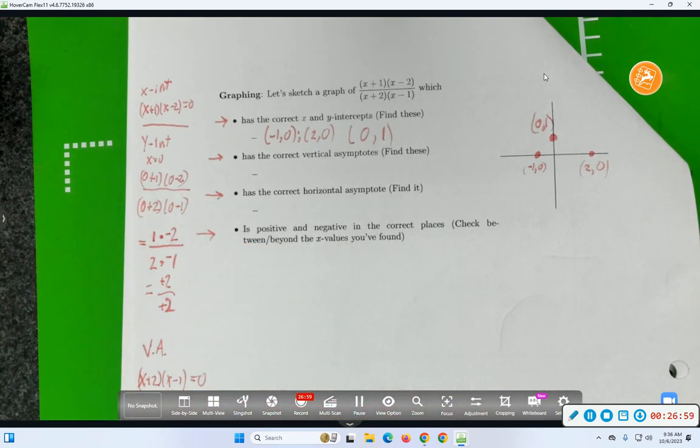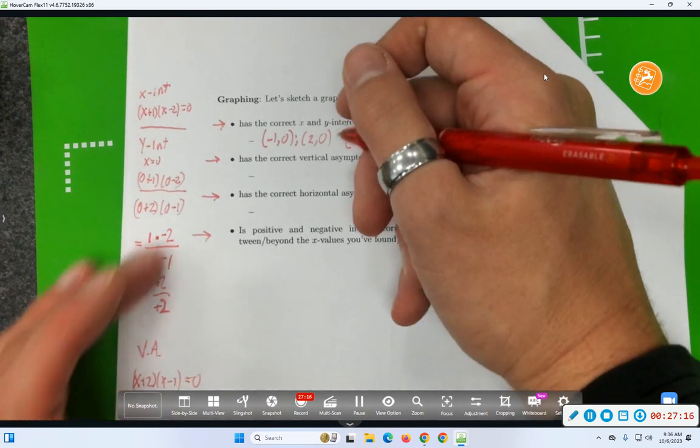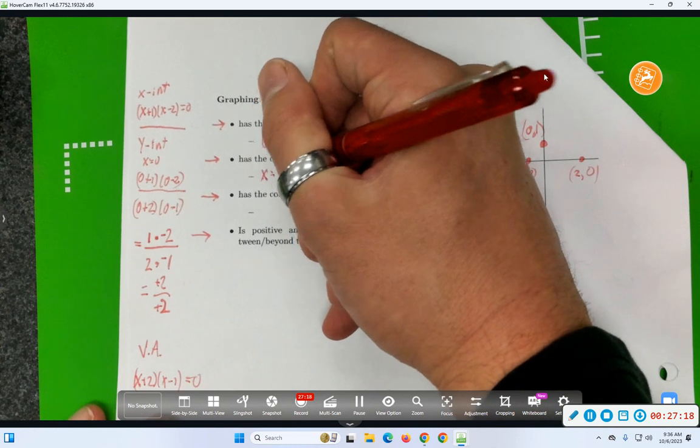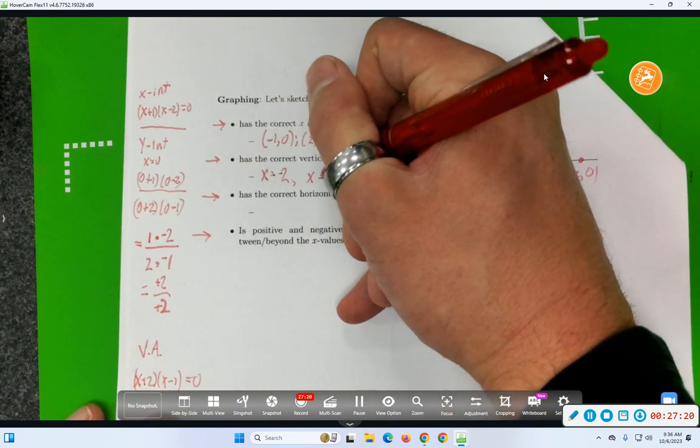Is that easy to set equal to 0? Yeah, I've made the algebra steps easy by giving you something that's already factored. If it wasn't factored already, maybe you'd have to use the quadratic formula or factor it. So the vertical asymptotes are x equals -2 and x equals 1.